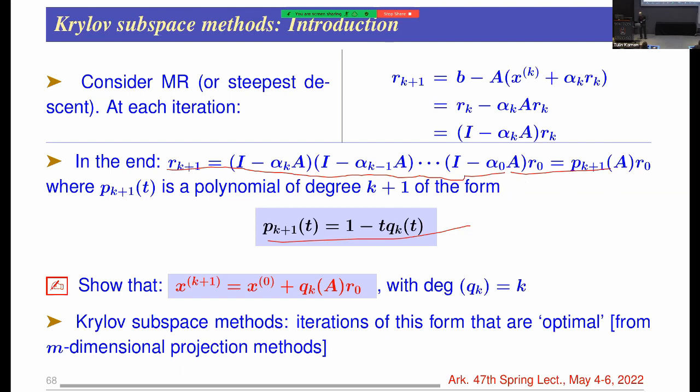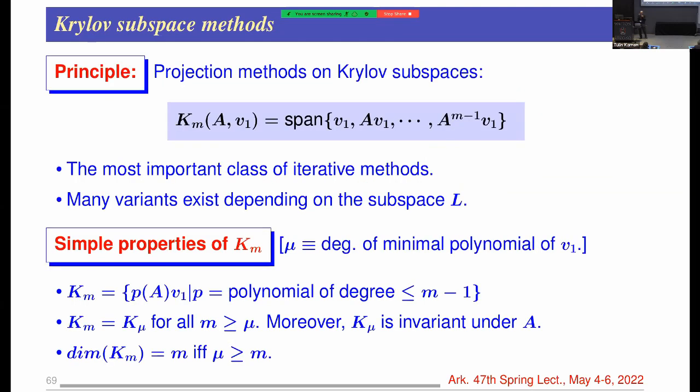And you can ask the question, can I get a set of alpha_i's that minimize the norm of this over something that looks like this? That is what leads you to Krylov subspace methods.